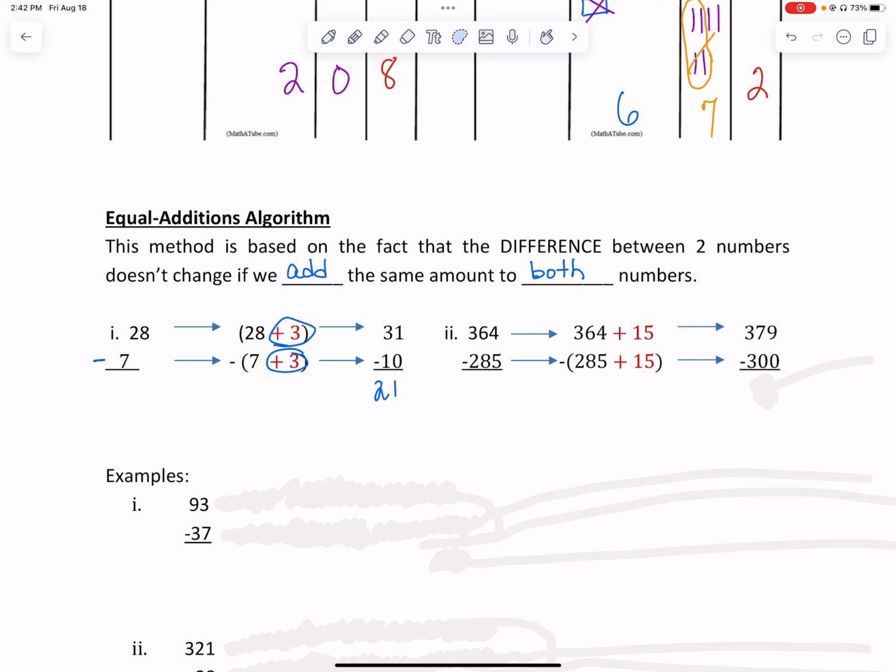Okay, so here I've got 285, so I'm going to add 15 to get to 200. So whatever I do on the bottom, I'm going to do that to the top. I'm going to add 15 up there as well. So once you do that, then the rest is actually pretty easy to do. You could do that in your head. Okay, so that's called equal additions.